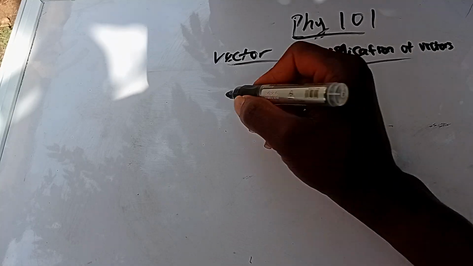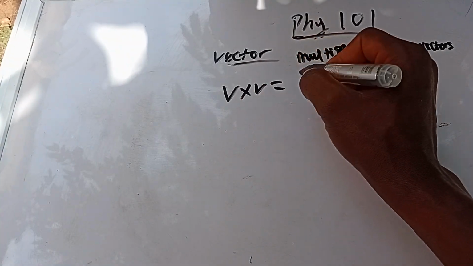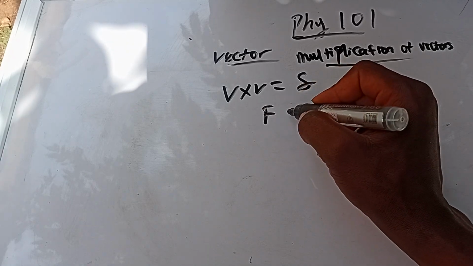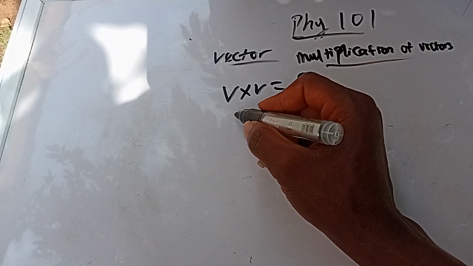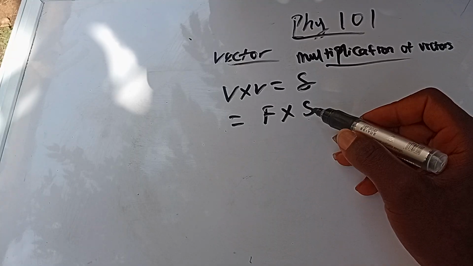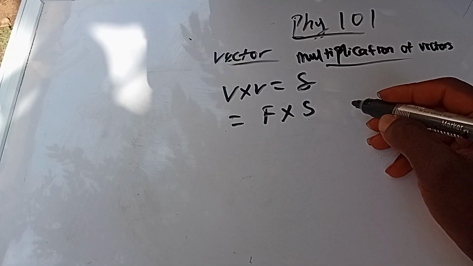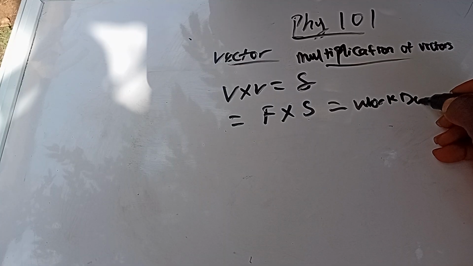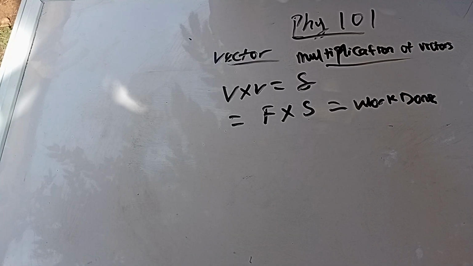An example of vector times vector that gives a scalar is force times displacement. Force is a vector, displacement is also a vector, but the answer is what? Work done, and work done is a scalar quantity.